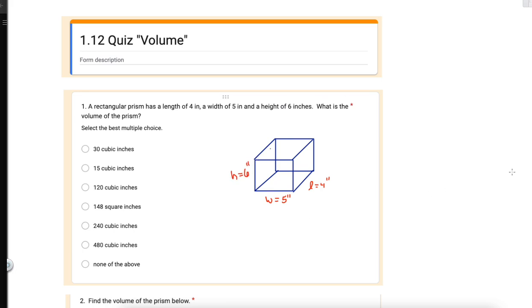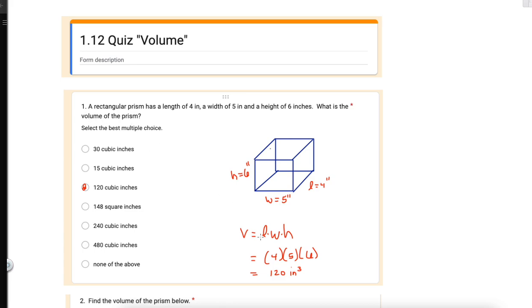What is the volume? V equals length times width times height. So that would be 4 times 5 times 6, and 20 times 6 is 120 inches cubed, and that would be this selection right here.